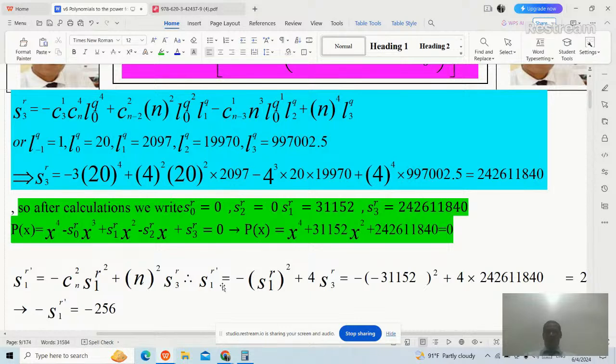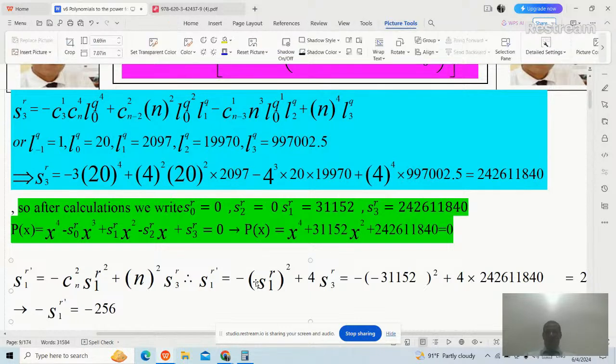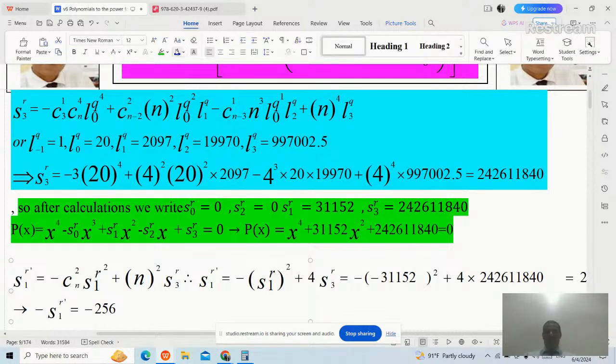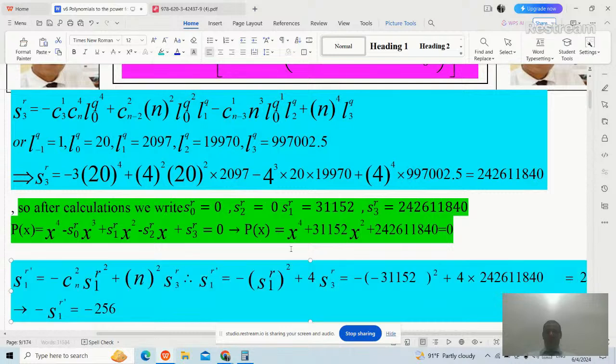Therefore, you can use the discriminant formula of Murad Sultan Ezouidi when n equal 2, and we will obtain that S1 of order R dash equal negative n choose 2 S1 of order R squared plus n squared times S3 of order R. Therefore, S1 of order R equal negative.